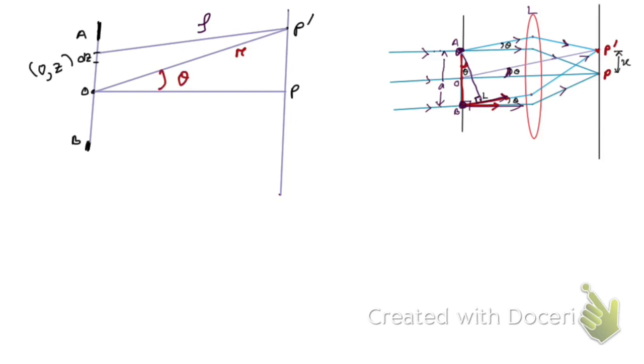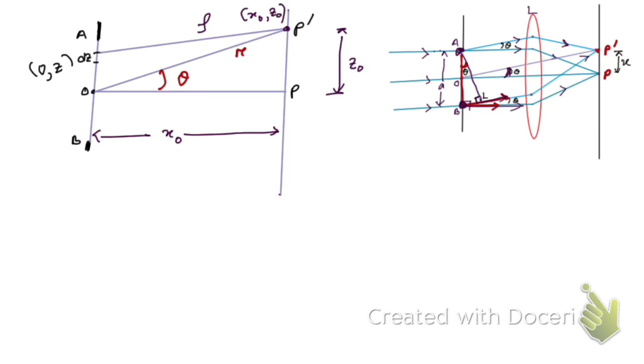Now here you see, let me consider this distance is x naught, and this distance, let me consider, is z naught, so the coordinate of this point is x naught comma z naught.